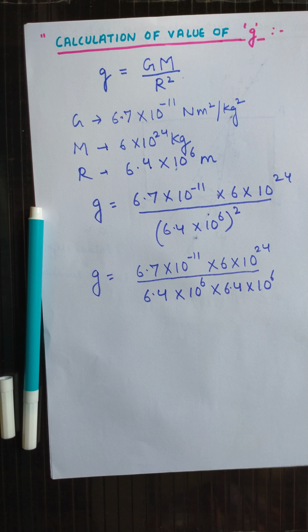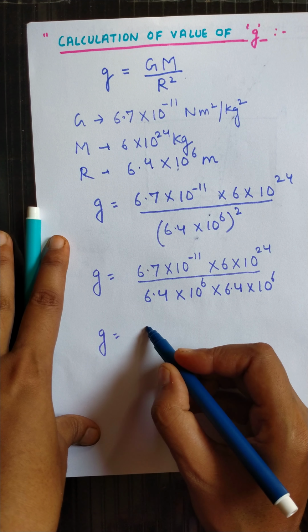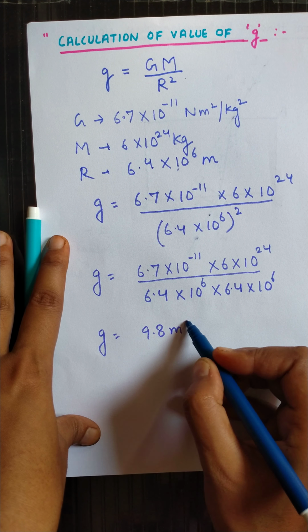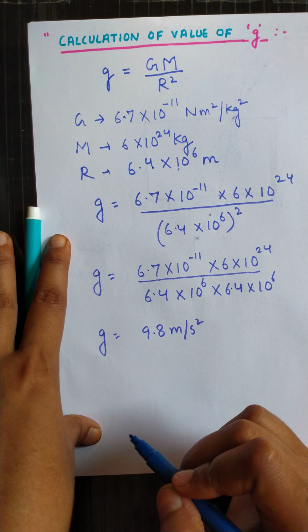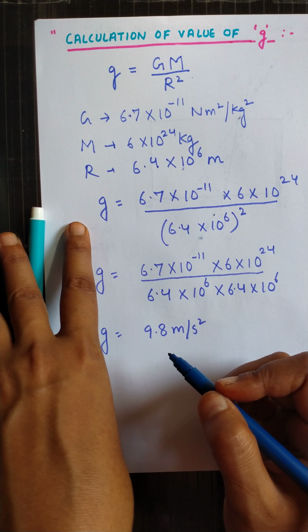On solving all these values, you will get a value equal to 9.8 meter per second square.